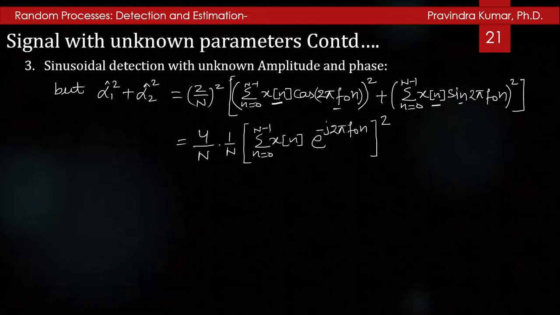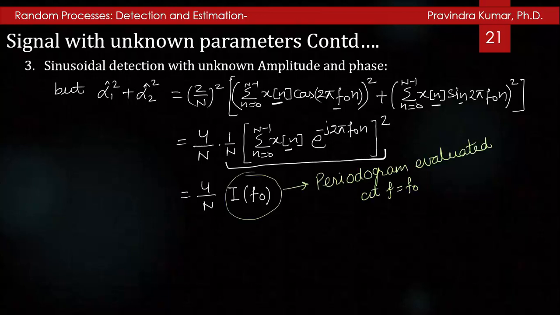You can calculate this as 4 by N into 1 by N summation n=0 to N minus 1 x[n] e to the power minus j 2 pi f0 n whole square of this term, and you will get 4 by N times I(f0), where I(f0) is the periodogram evaluated at f equal to f0.